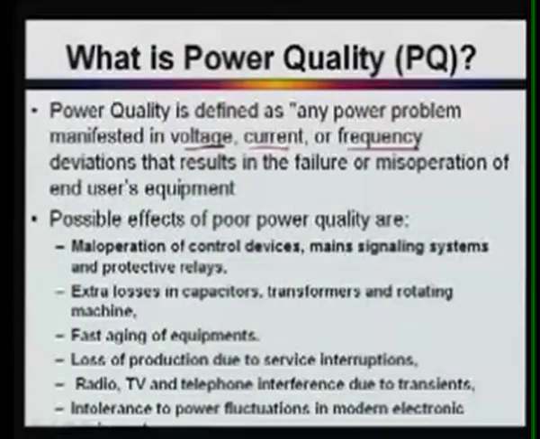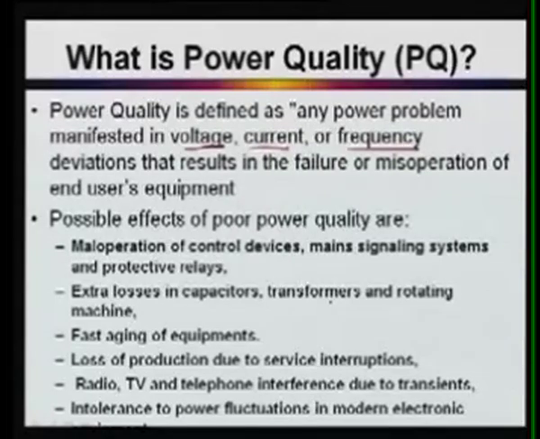If your supply system changes, these control devices may operate in a different fashion, which may lead to huge production loss, and the equipment itself may not operate satisfactorily. It may also affect the main signaling systems and the protective relays. So poor quality may lead to maloperation of control devices, main signaling systems, and also the protective relays as well.